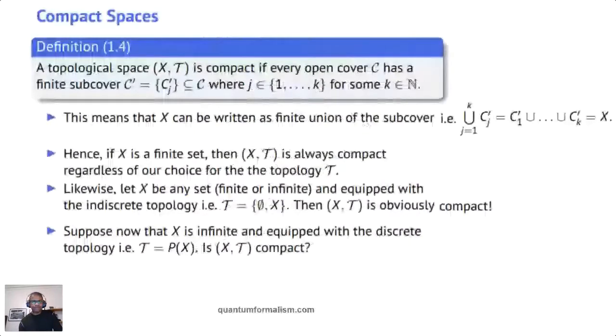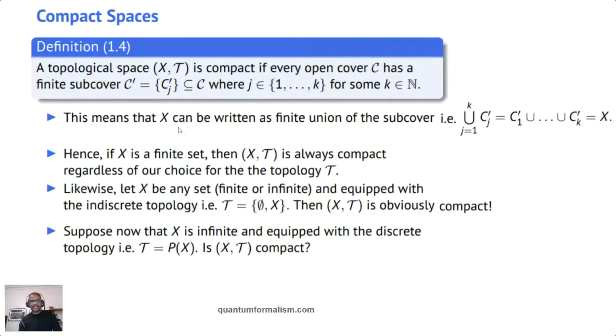Okay, so now the very important notion of compact spaces. A compact space is nothing more than a space that has this property: every open cover has a finite subcover. So in a compact space, if you give me any open cover, I am guaranteed to find a subcover that's finite. This is great, right?